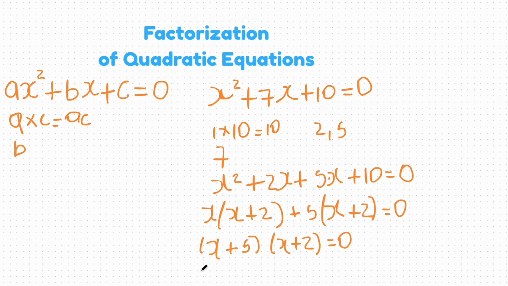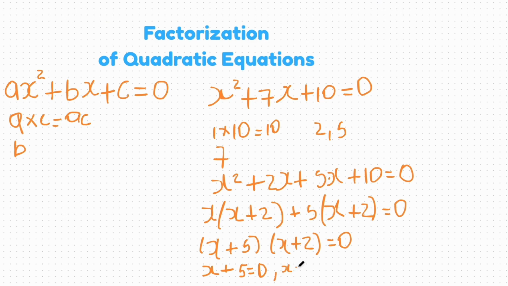We now break up our terms, equate each term to 0, and solve for x. So x plus 5 is equal to 0. When we transpose, that's when we carry over our 5. X becomes what?